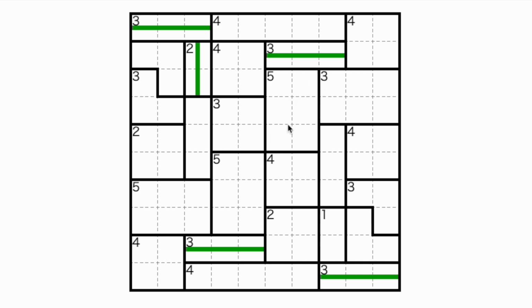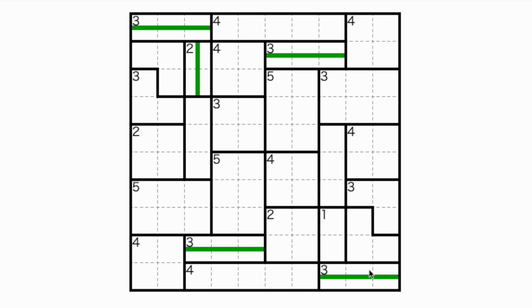So that means, for example, at least one of these top 2 cells is vertical. If it were telling us horizontal, maybe that would do something with this 3 clue, but I don't see it. So where are we going to look next?